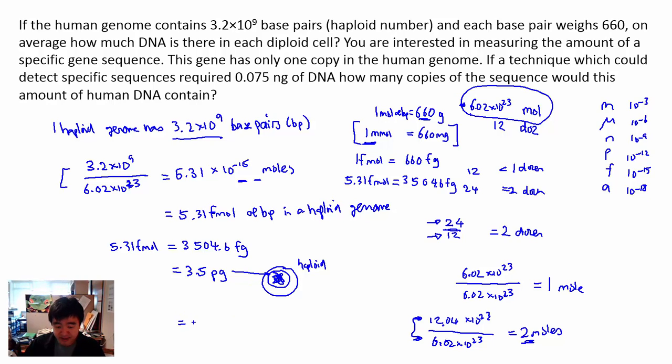Okay, in a diploid cell, this would weigh about 7 picograms. So if you had a diploid cell, in a human cell, all the DNA inside its nucleus would weigh about 7 picograms, which is quite amazing when you think about it. Okay, so now we have an expression for how much DNA is there in each diploid cell? Well, that amount of DNA is approximately 7 picograms.